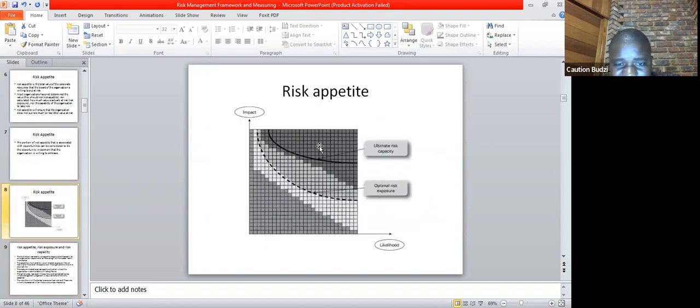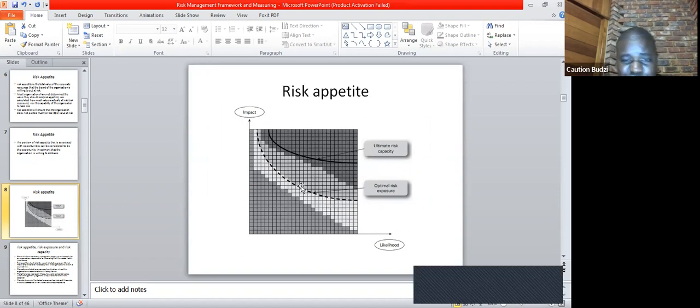So these risks shown in this dark area, this organization will try to avoid. And if there is an imperative business case, the board and management will consider looking into the risk and maybe authorize the undertaking, which includes those high risk levels.